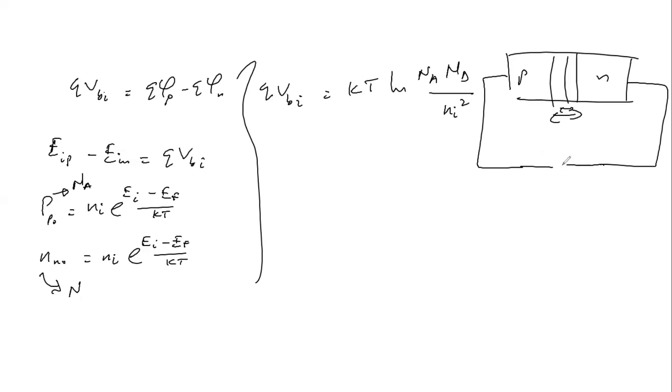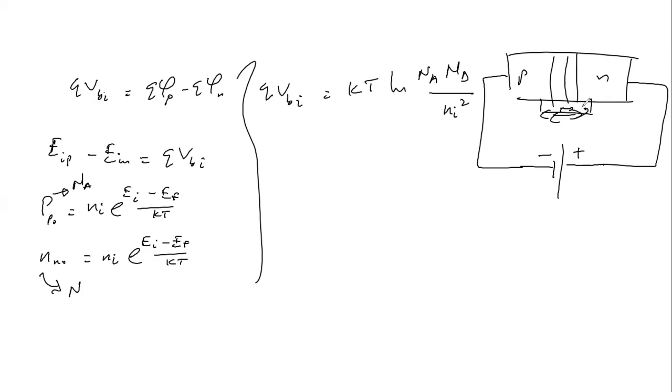And if it is reverse biased, this is negative and this is positive. So it's going to attract the positive charge and the negative charge, and then this becomes larger. So the depletion region will act more like a large resistor.